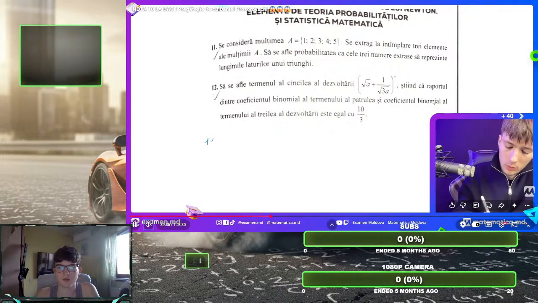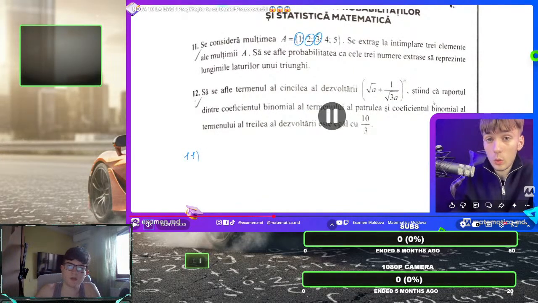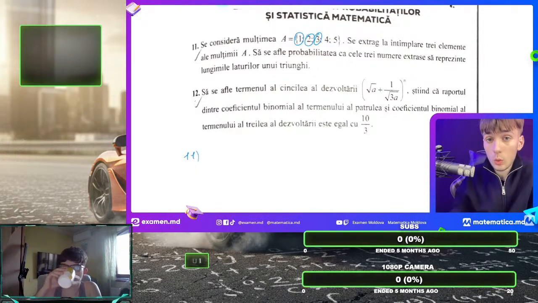perhaps just a probability problem. So I'm gonna read it right now. There's a set of numbers from 1 till 5, and 3 numbers are extracted from basically this set.